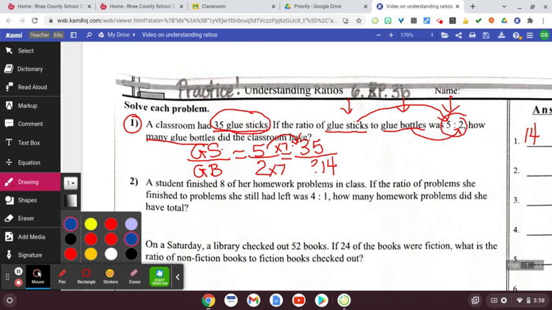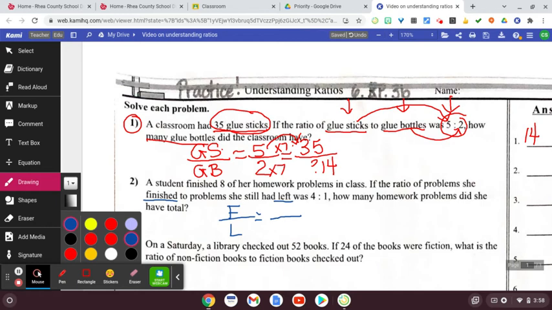The first thing we've got to recognize is that we have two things we're comparing: problems that she has finished to problems she still had left. So I'm going to put F for finished and then L for left. It's really important that you label where each of these items are occurring so that you know exactly which number is associated to what.